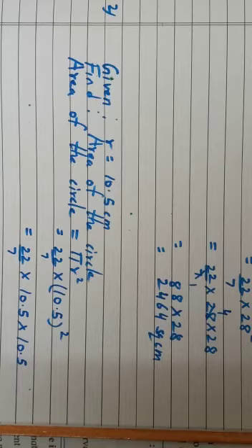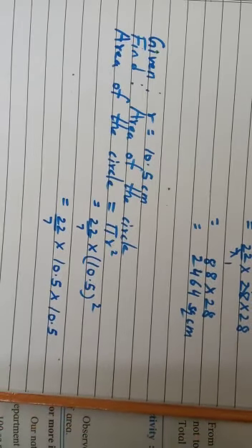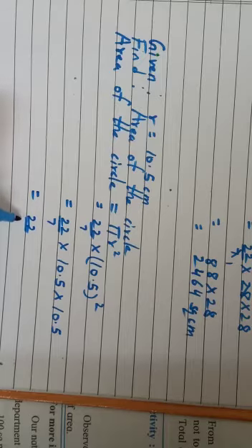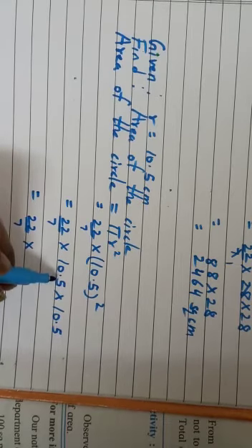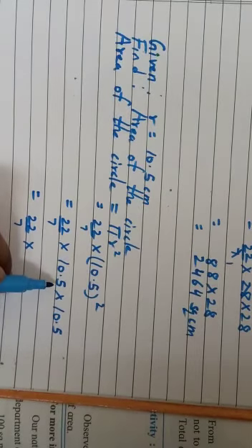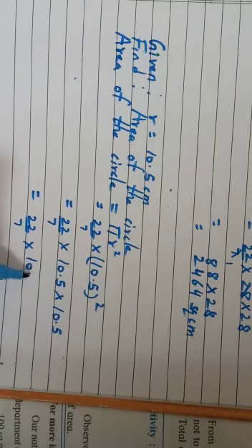Now the simple method: many of the students feel frightened of decimals, so I tell them to remove the decimal. After the decimal point there is only one digit, so I will multiply 10.5 by 10, and then the decimal point will shift by one digit.